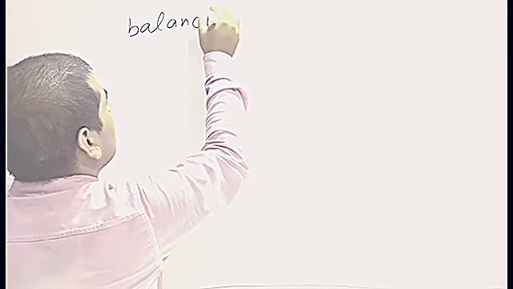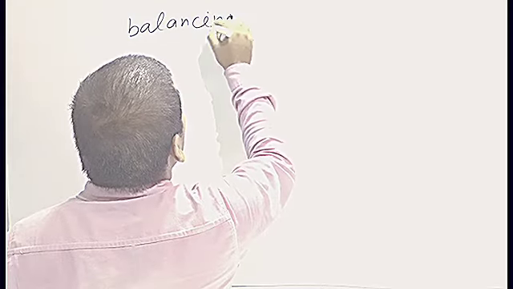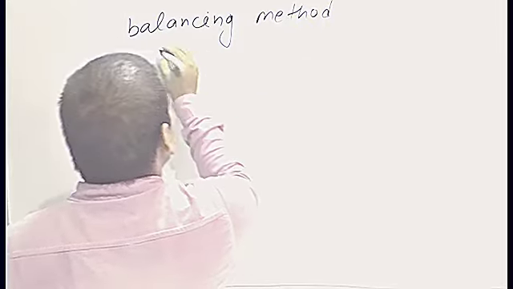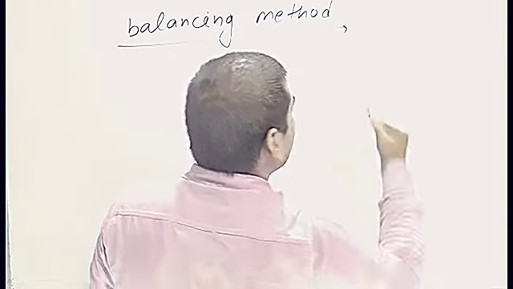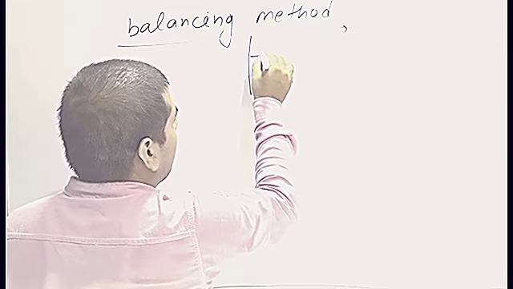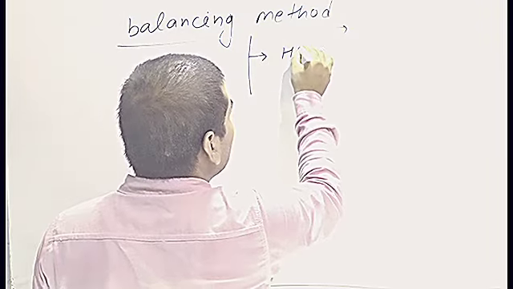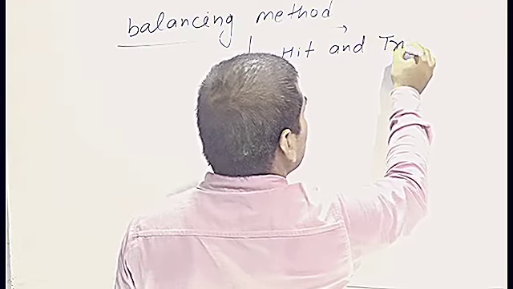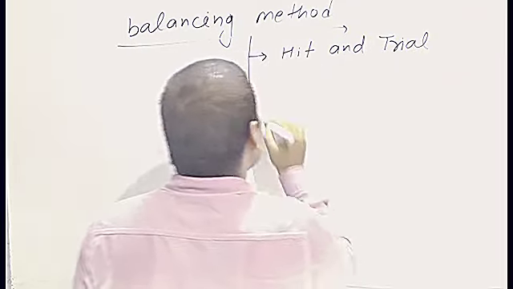Today we have to read balancing method. So there are mainly three types of balancing method. First one is hit and trial method.